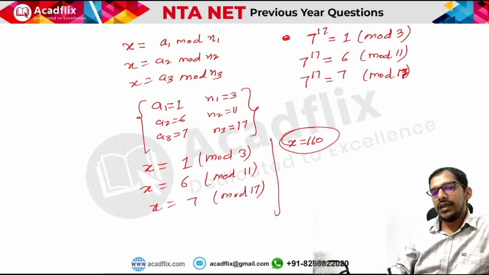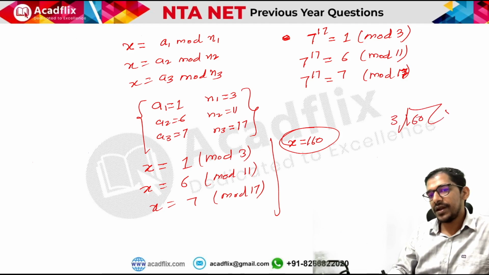You can see if you divide 160 by 3, you will get the remainder 1, right? Because this will be 10 and then, you are getting the remainder 1.